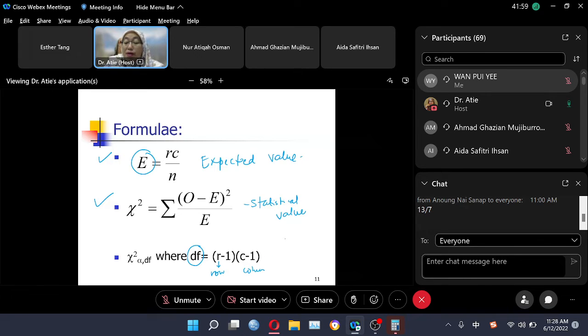Remember, we always have DF as N minus 1. Before this, for the ANOVA, we have DF1 and DF2 because we have two different variations. And for the chi-square, because we have row and column, that's the reason we need to multiply them. So R minus 1, C minus 1.